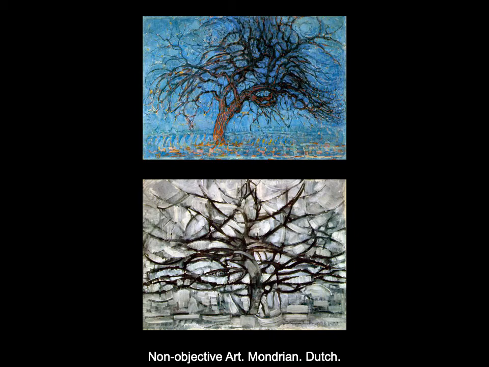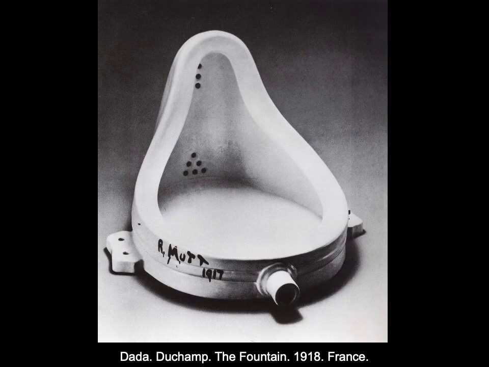And their major proponent, and there are a number of them, but I'm only going to show you one, was a Frenchman by the name of Marcel Duchamp. And here's an example of one of his works. Yep, that's what it is. He called it Fountain. But of course, it's a urinal.